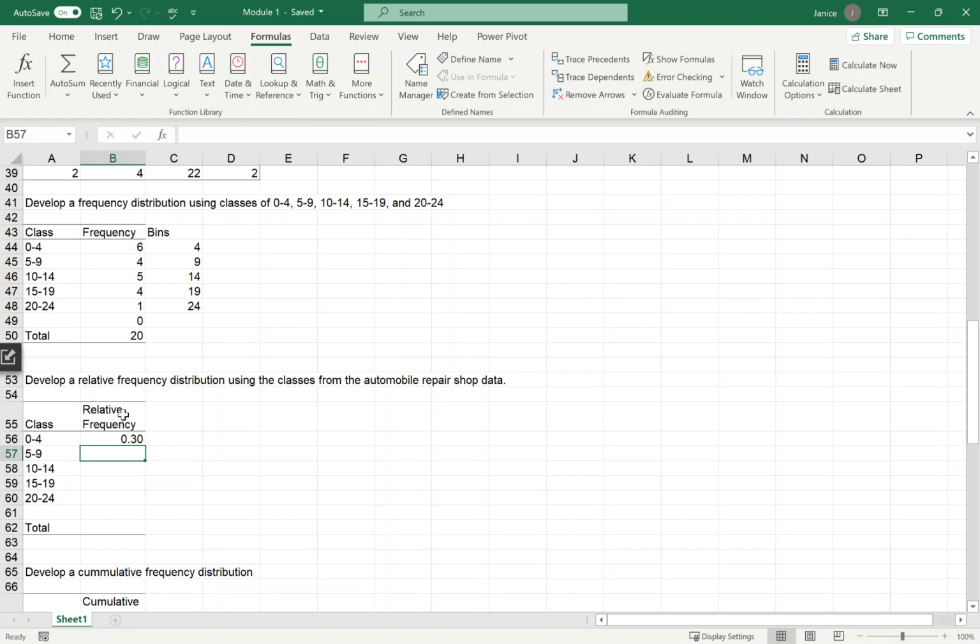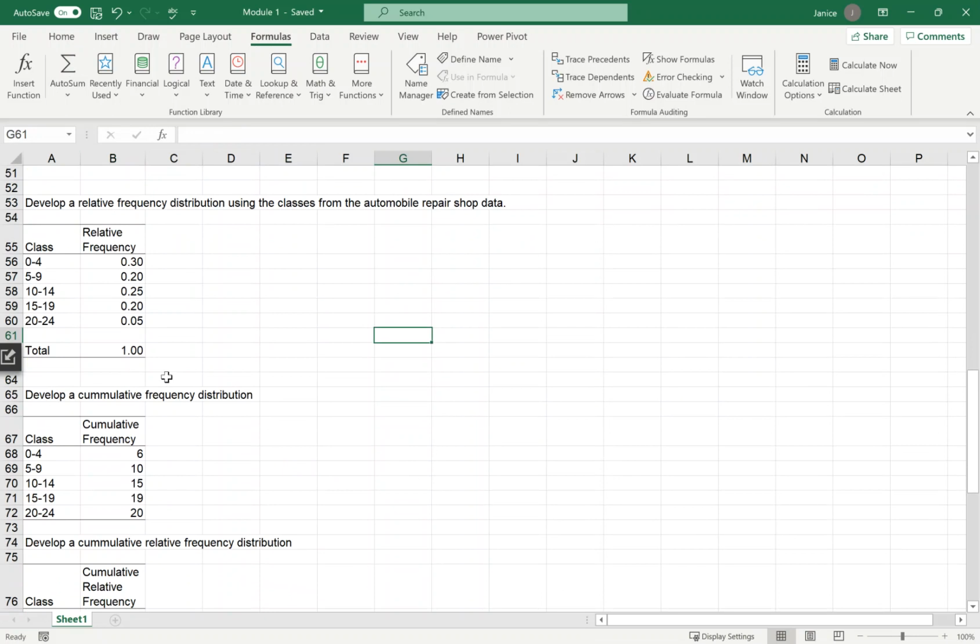In this one, we would say equals 4 divided by 20, all the way down. Then we have 5 divided by 20, which is 0.25. Then we have the 15 to 19, which is 4 divided by 20. Then the last one is 1 divided by 20. Then we can total these up to make sure that we are accurate and they equal 1, and so we know that is correct.